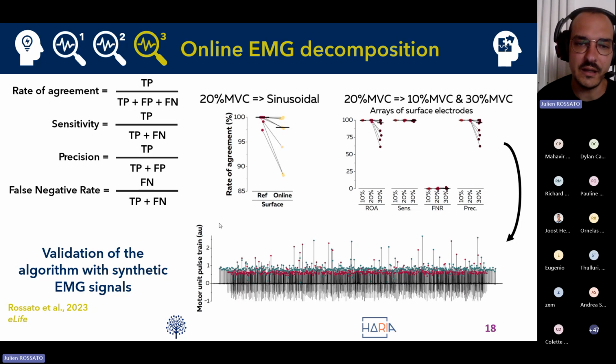For example, here the red dots represent the discharge times of this merged motor unit, while the green dots represent the discharge times of the targeted motor unit. This merge was caused by the recruitment of a motor unit sharing the same space as the targeted motor unit, which turned into the merge of these two motor units by the model in the same pulse train.